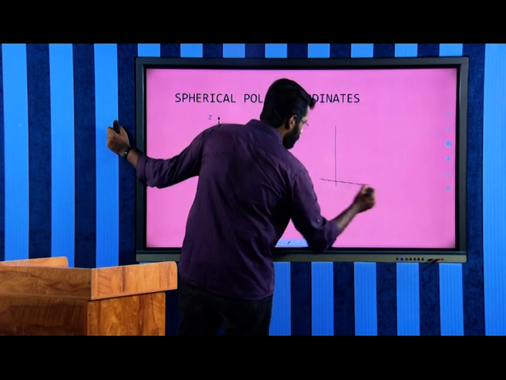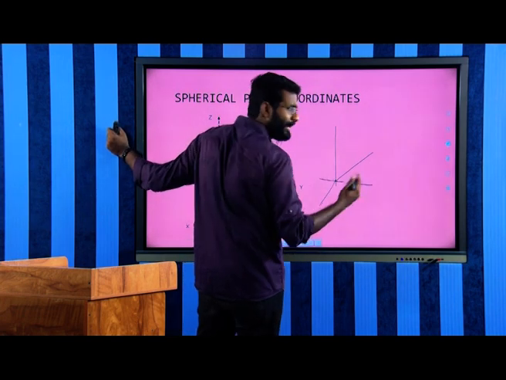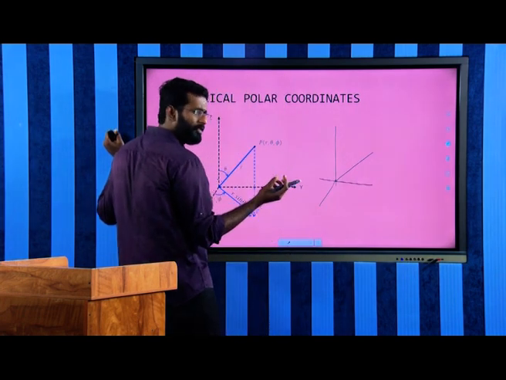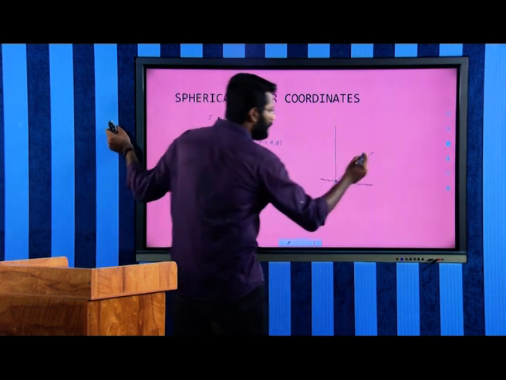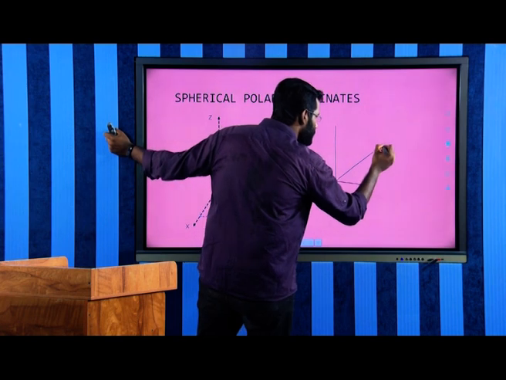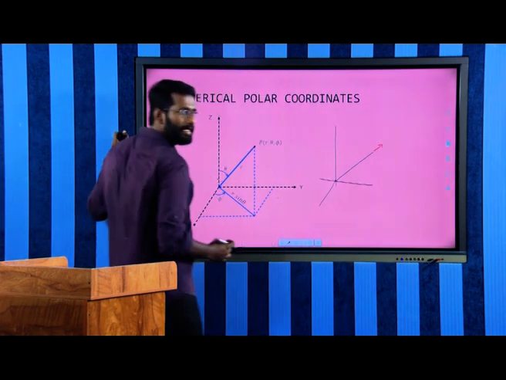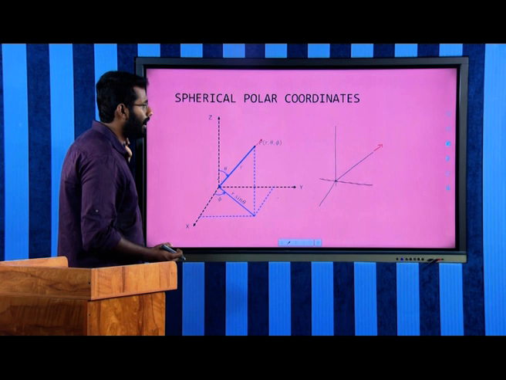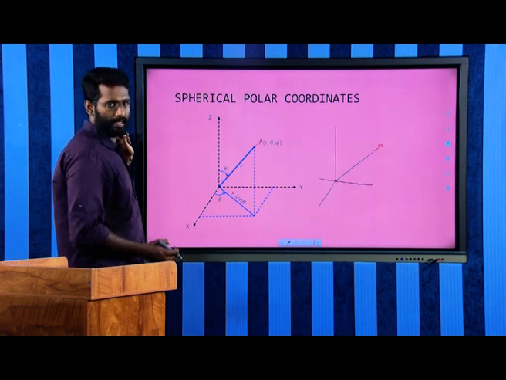Let me draw. Simply, this is the r. If I increase r by a very small amount dr, then it will increase along this direction. So this part is the dr, and this is the direction of r cap.